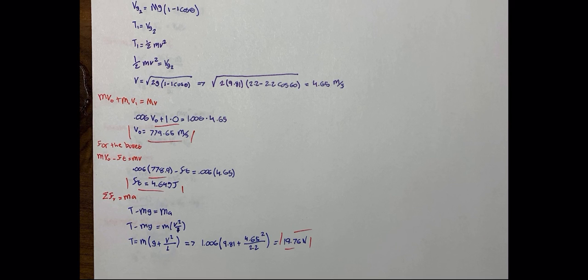Now if we solve for the bullet instead of the block, and knowing that MVO minus force times time equals MV, we can plug in our knowns and solve for the impulse, which is 4.649 joules.